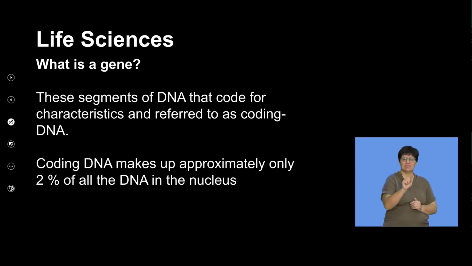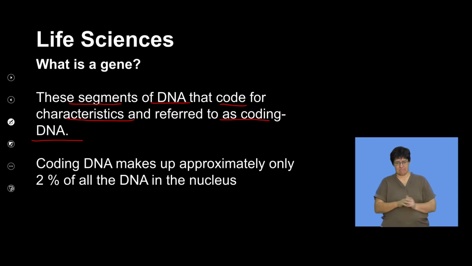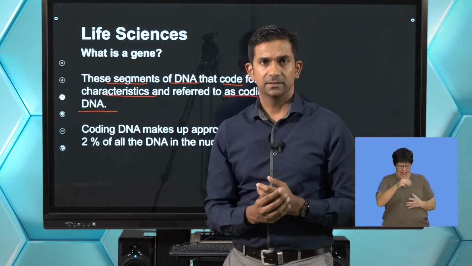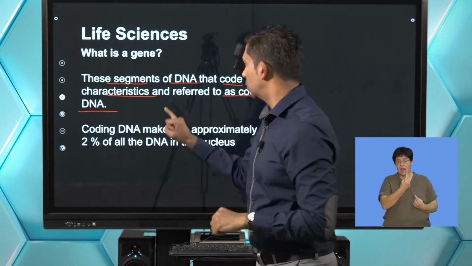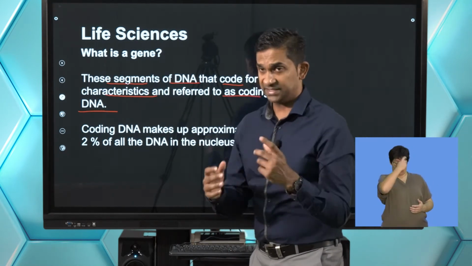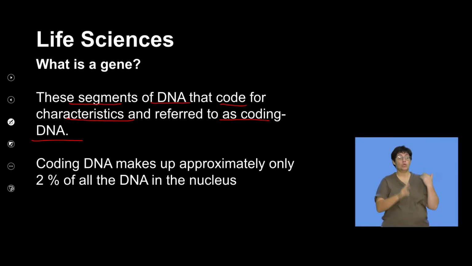So a gene, if we were to basically describe that, is a segment of DNA that codes for a specific characteristic, which is referred to as coding DNA. It is important for us to understand that we have lots of DNA, but not all of that DNA codes for characteristics. It is said that only 2% of our DNA actually codes for specific characteristics.